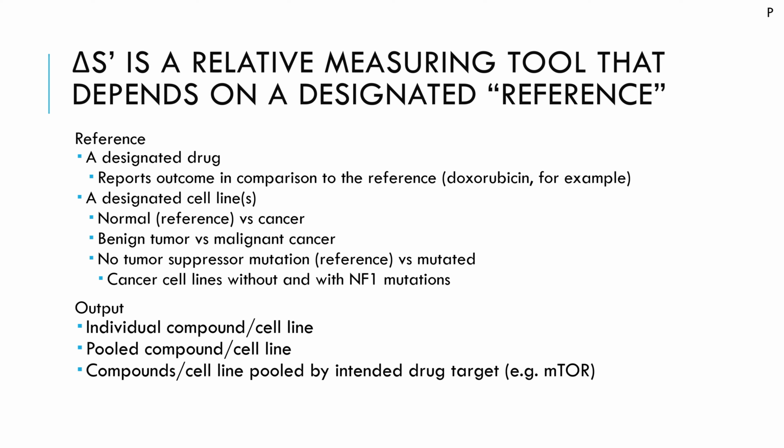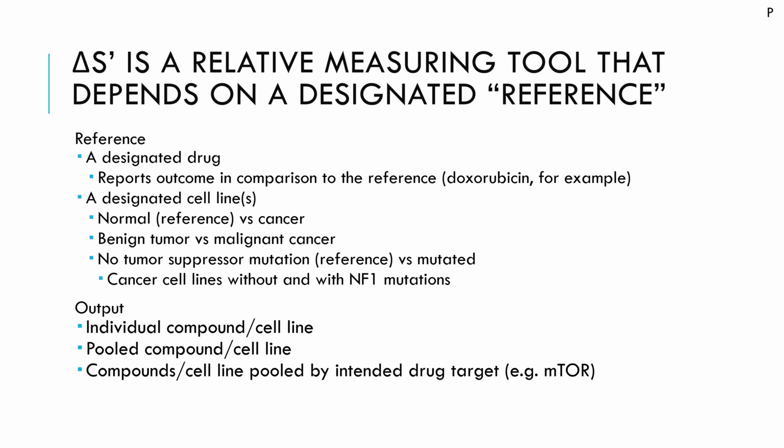And that reference can vary. It can be a designated drug. It can be a designated cell line or group of cell lines. It can be a normal versus a cancer, a benign tumor versus a cancer cell, or a cancer, in the case that we're pursuing now, with or without a mutation in a tumor suppressor.